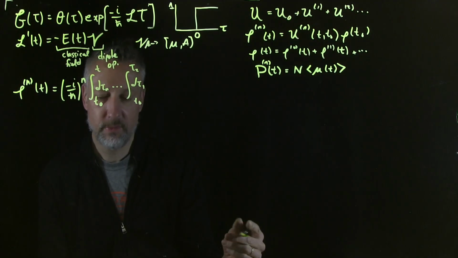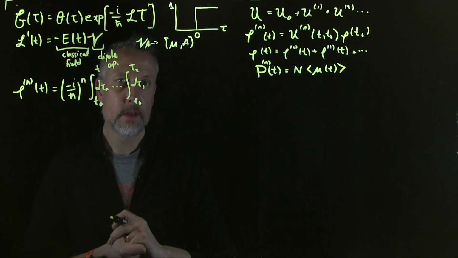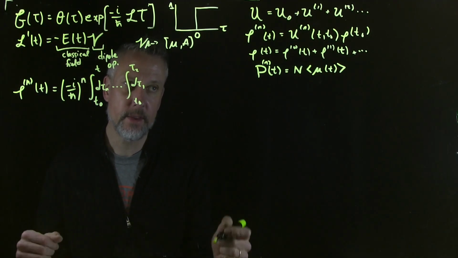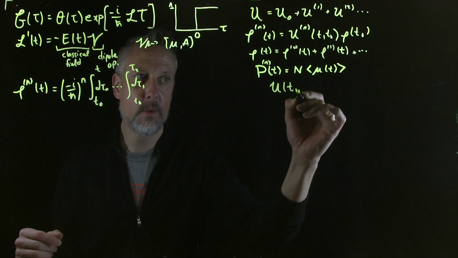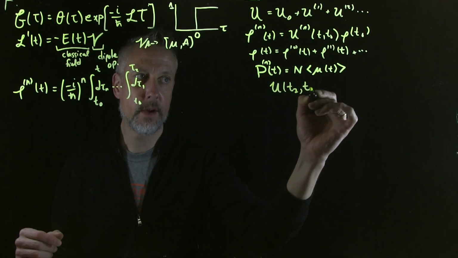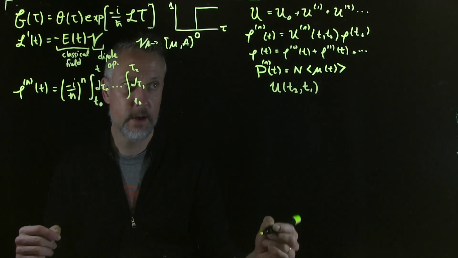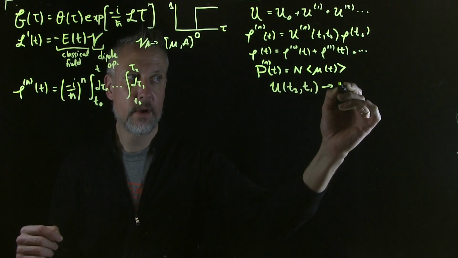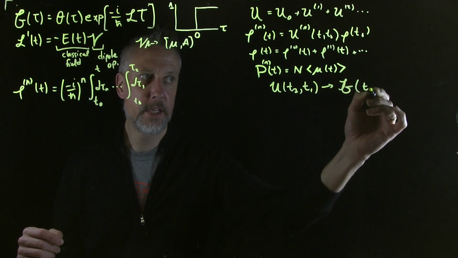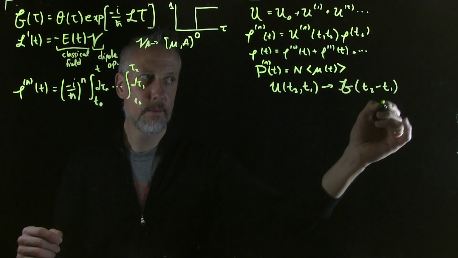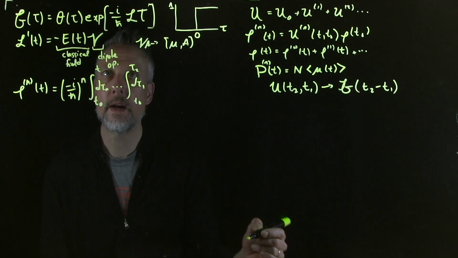And now we simply replace these u's with the 2 times in them. So we had u, t1, t2, or let's do it the other way around, t2, t1. This is going to become the g function, g, t2 minus t1, because that's what happens up here.